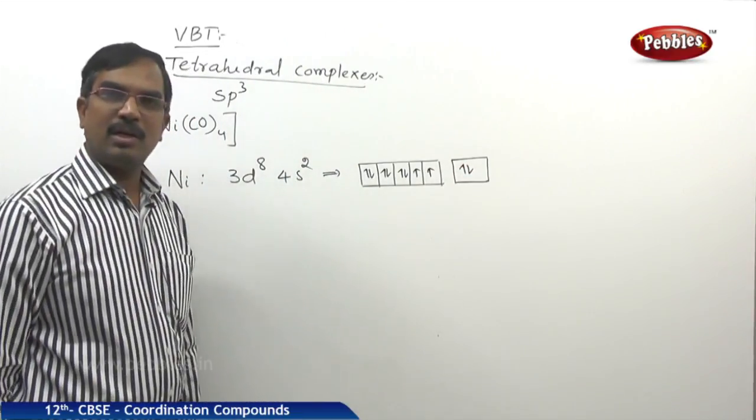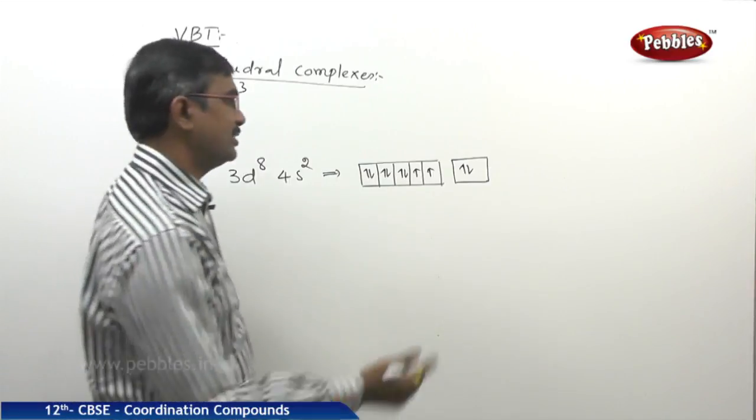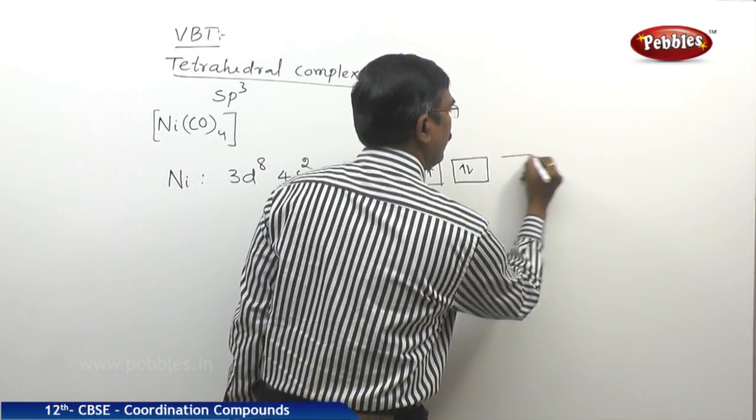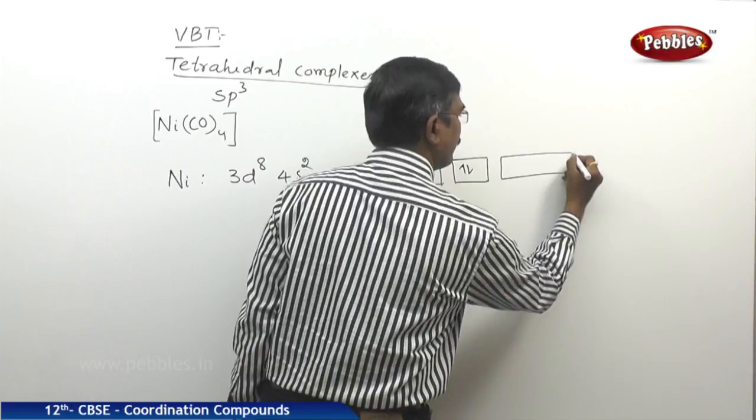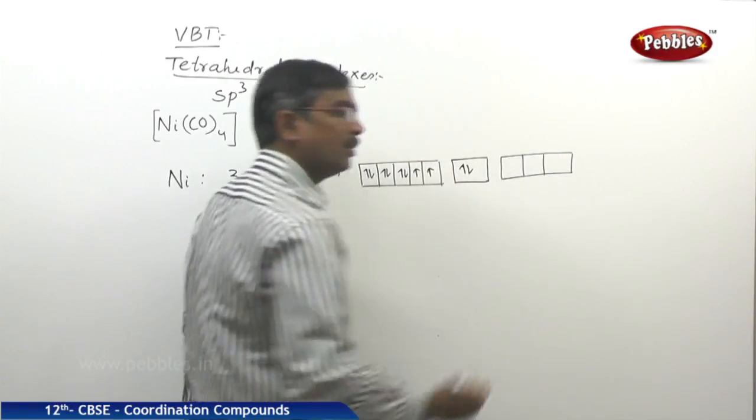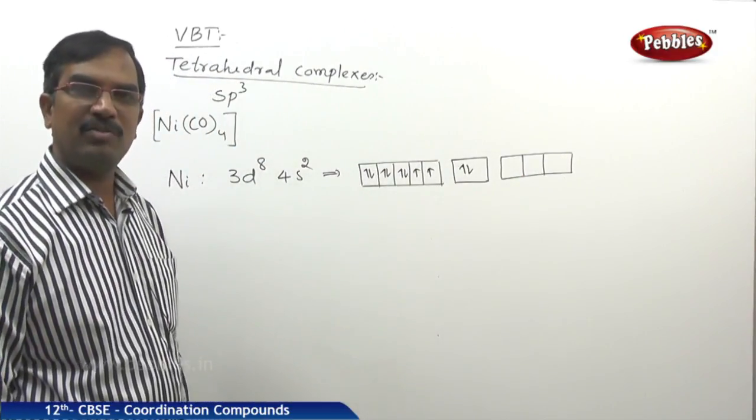This is in the ground state. Of course, it also has the 4p orbitals vacant.